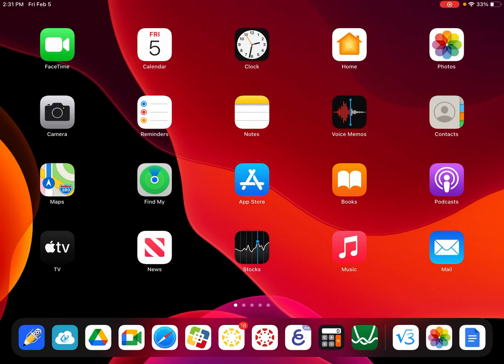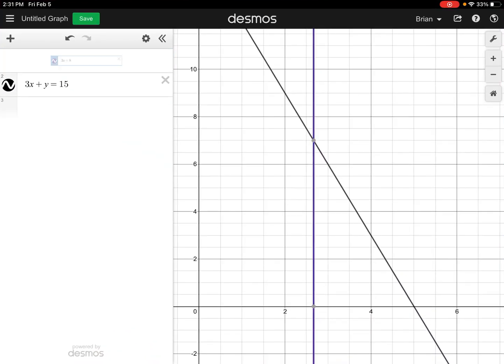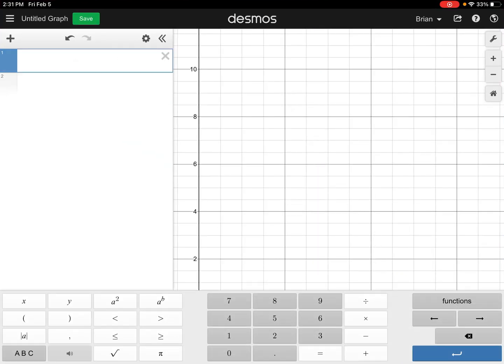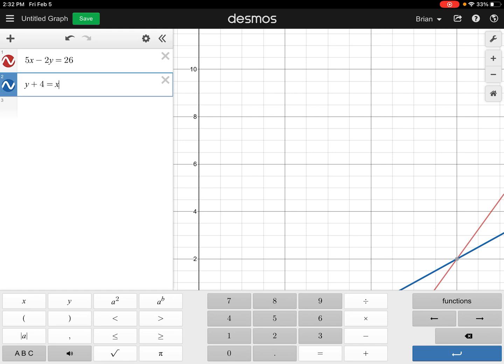Let's go ahead and check that out. So I can put that in. 5x minus 2y equals 26 in the first equation. y plus 4 equals x for our second equation.